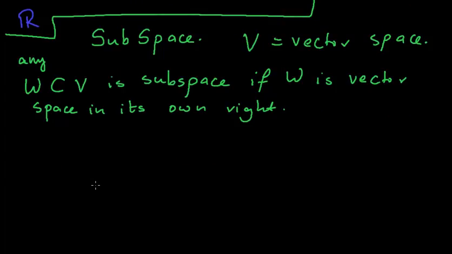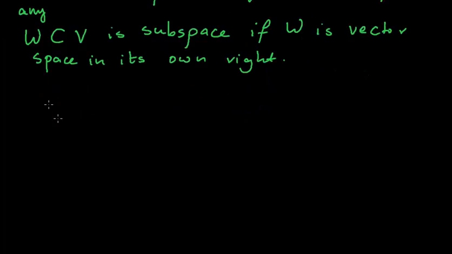And the way we test whether W is a vector space or not: the first is it should be a subset of V. That should be known, a subset of a vector space. Then the way to test this is that it is a vector space if the 0 vector belongs to W. Second, let me write W1 and W2.